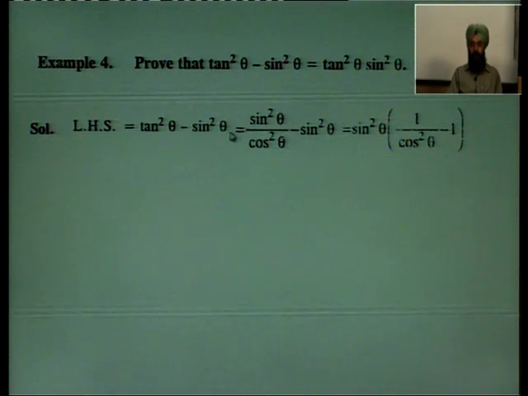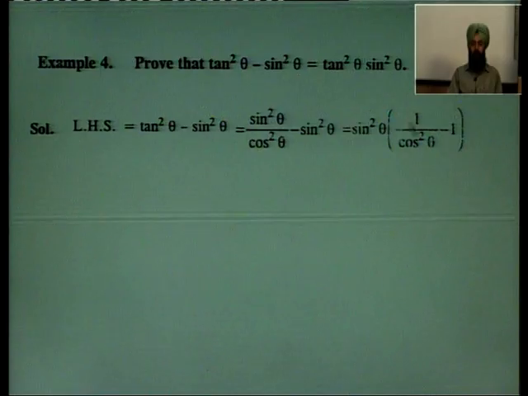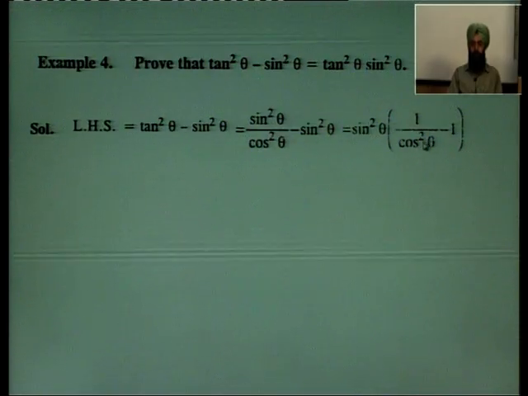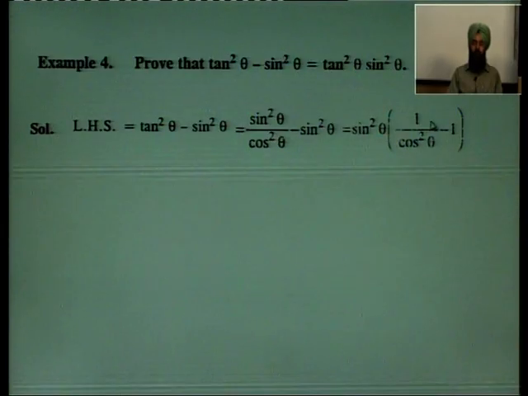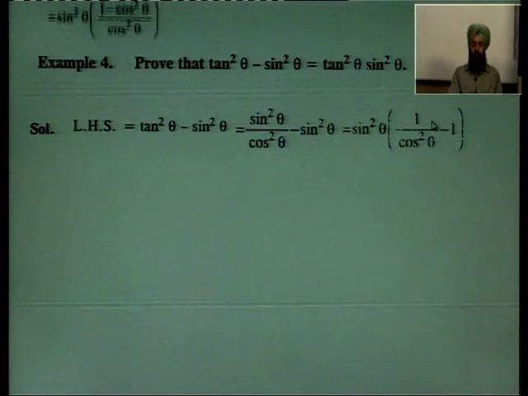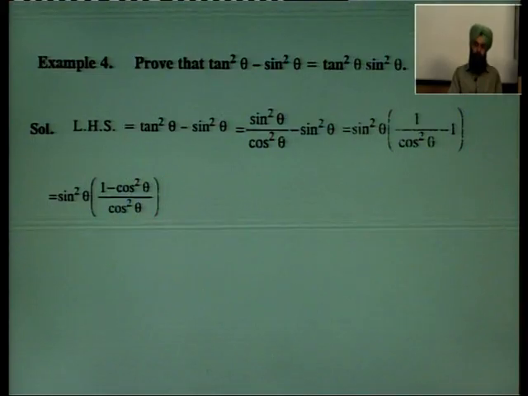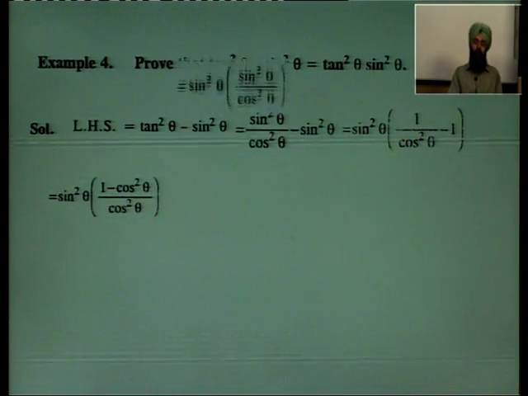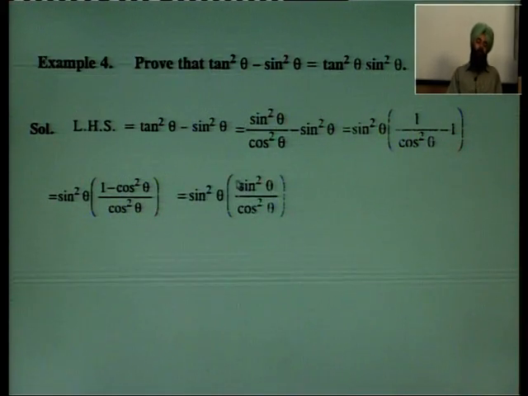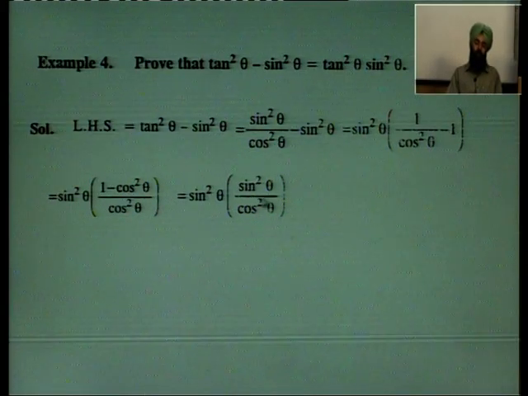So, we can take sine square theta common, it is 1 over cos square theta minus 1, and we can take cos square theta as an LCM, it becomes 1 minus cos square theta, and we know 1 minus cos square theta is equal to sine square theta. So, it will be sine square theta into sine square theta by cos square theta, and sine square theta by cos square theta is tan square theta.